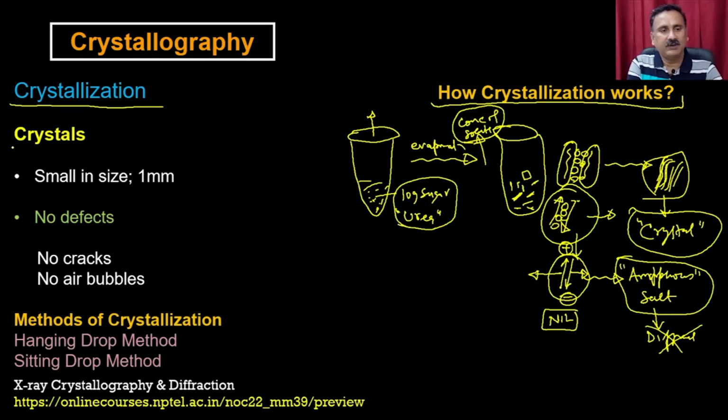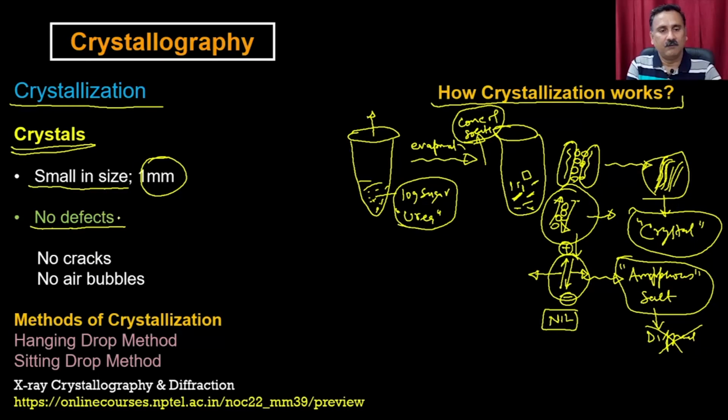Now when we talk about crystals, there is a defined size and a defined clarity, a set of defined parameters that need to be followed. When we produce the crystals, they are supposed to be small in size, which means they should be around 1 mm. Then they should not have any defects, which is what I meant by diffraction quality.